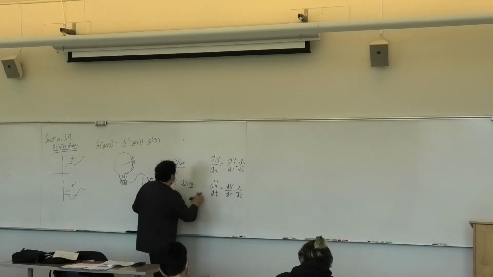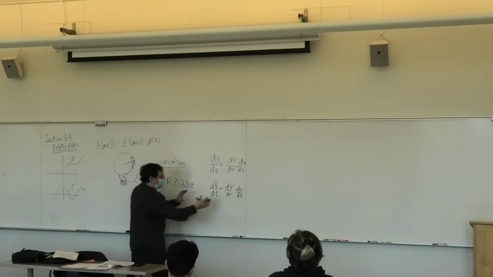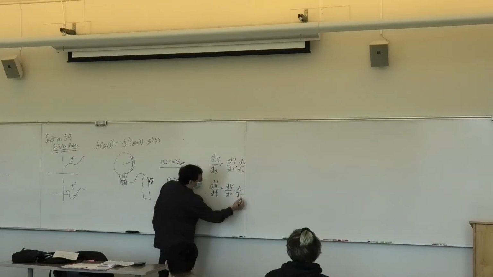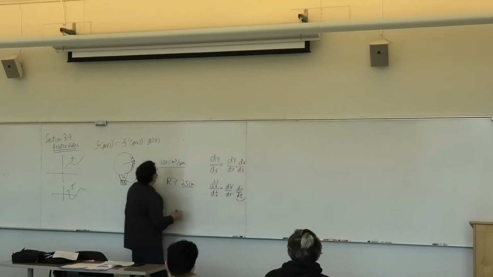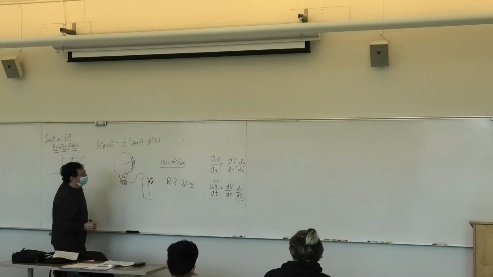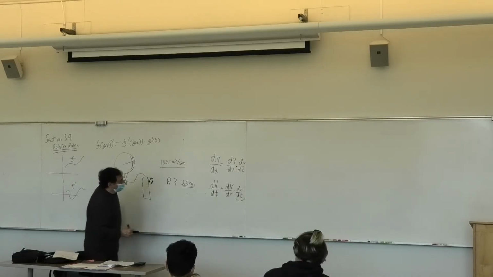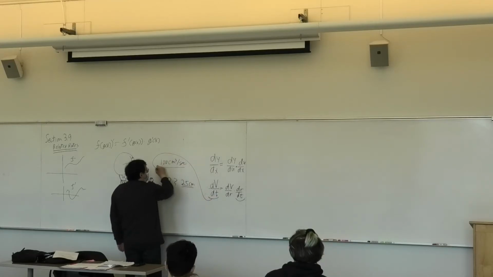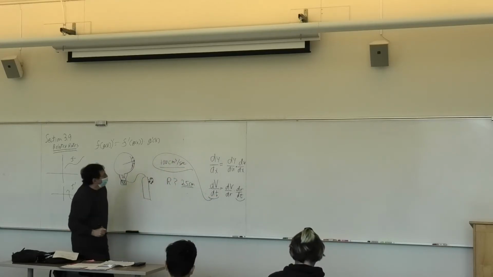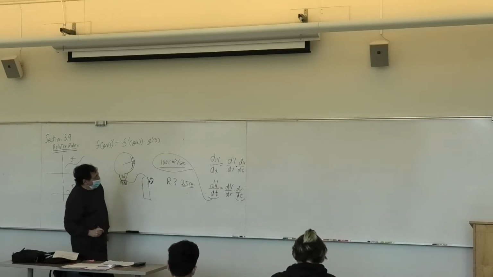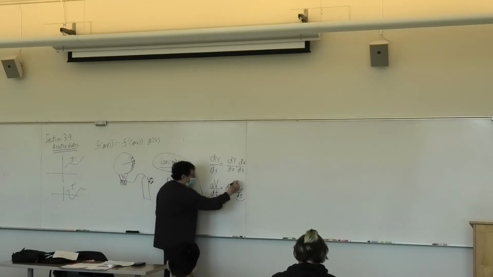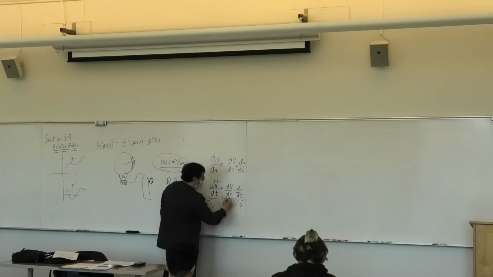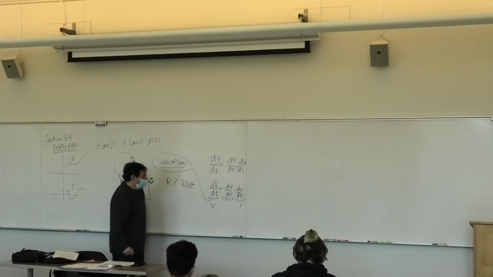Looking at this and at the problem, dr/dt is actually what we want to find. dV/dt is our 100 centimeters cubed per second. So dr/dt is the unknown. We have dV/dt. What we have to figure out is dV/dr.